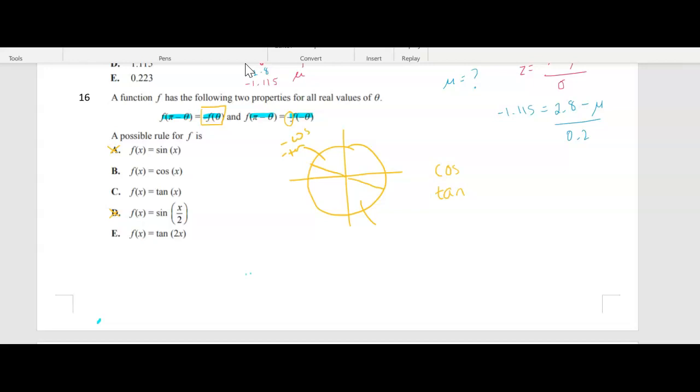Here, because our function is negative, we're going to have negative cos, and tan is already negative in the fourth quadrant, so it's going to be negative, negative tan, which is positive tan. So the only one it can be is cos. All right, so that one is just understanding the unit circle and how those values relate in each quadrant.